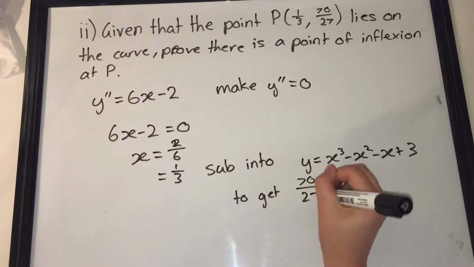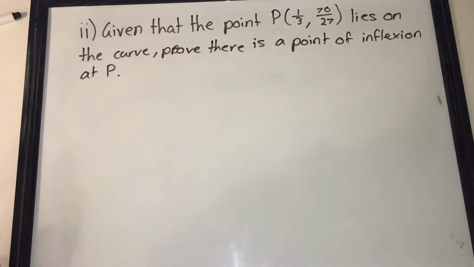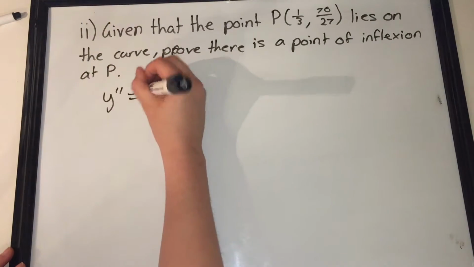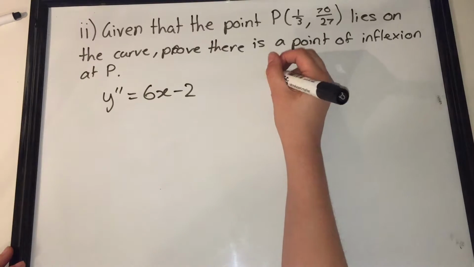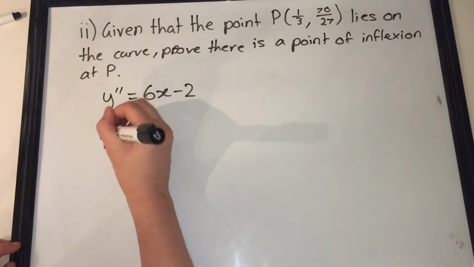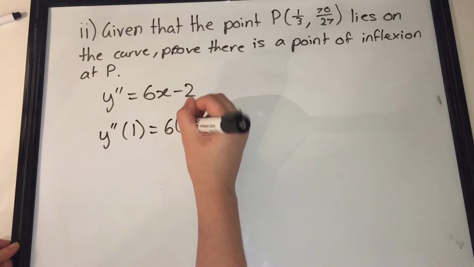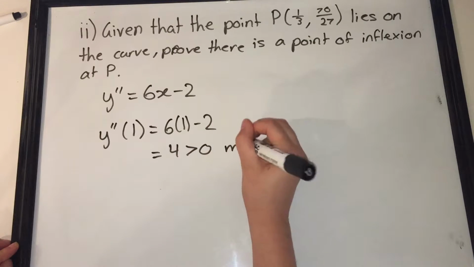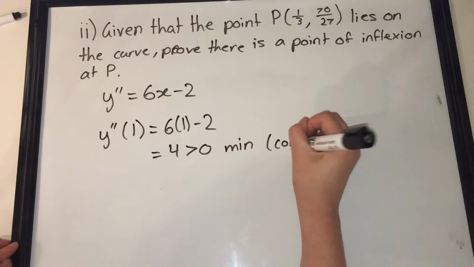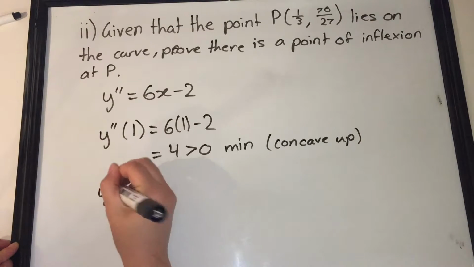Now this is a possible point of inflection, but we're now going to test to make sure it is actually a point of inflection. To do this, we're going to test our concavity. So we're also going to use the double derivative and sub in points either side of the x value to find the concavity on either side. I'm using 1 and 0 as they're easy to use. The first one comes to 4, which is greater than 0, so it's a minimum point, which also means it's concave up.